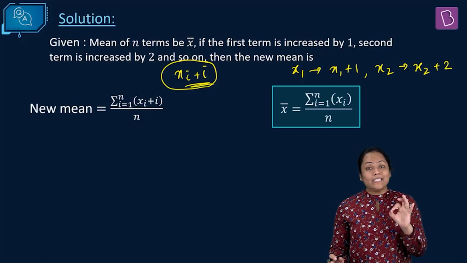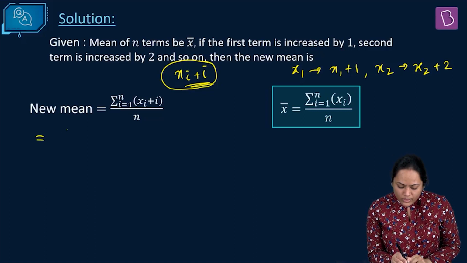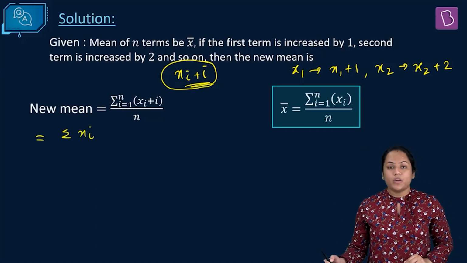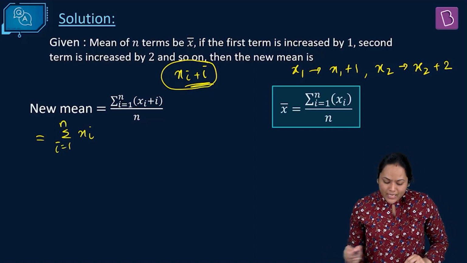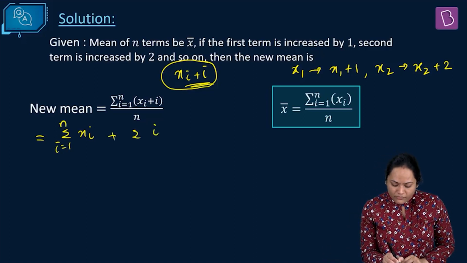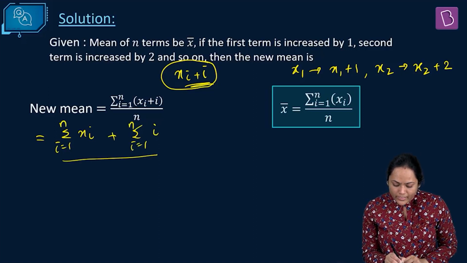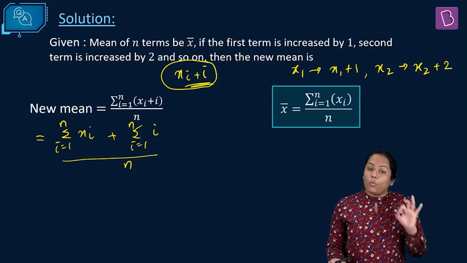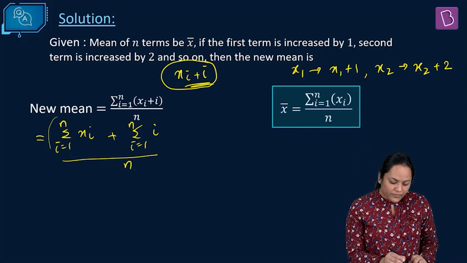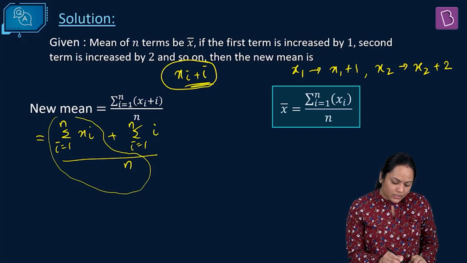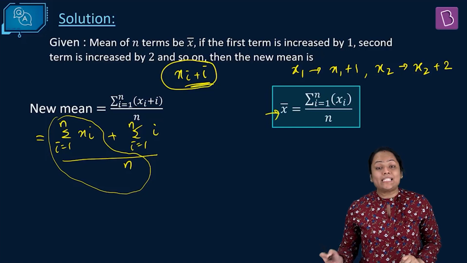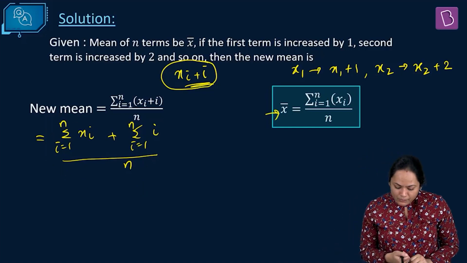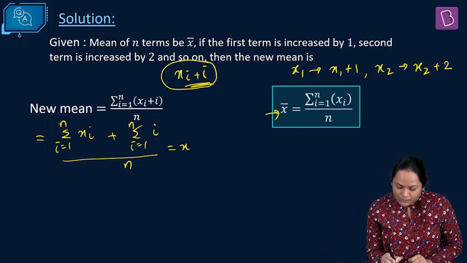So when I expand the numerator, it's going to become somewhat like summation xi, from i equal to 1 to n, plus summation of i again from i equal to 1 to n, whole divided by n. Now, one thing is known to me, summation of xi divided by n. What is this part? x bar, that's right. We have already seen that this is x bar. So this part can be written as x bar.